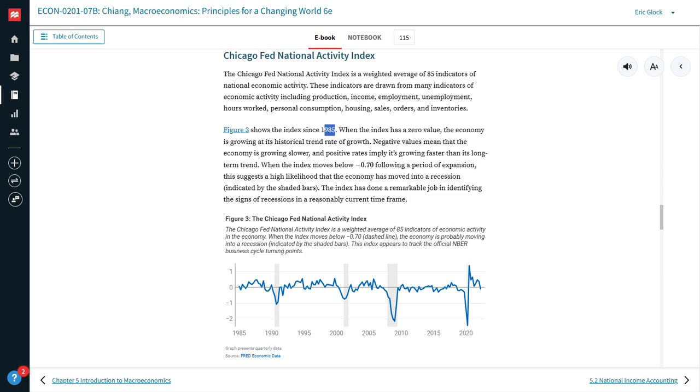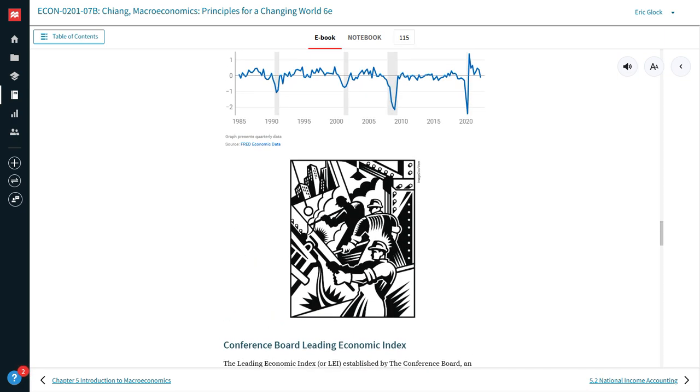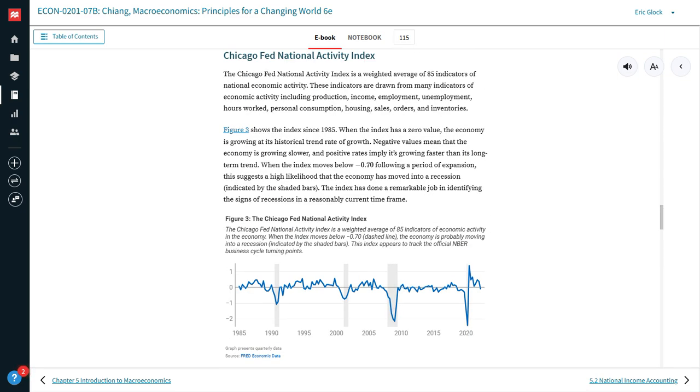Anyhow, it started in 1985, and they have 85 indicators. So 1985, 85 indicators. There's 85 different things that they're looking at. I think of all three of these, it's definitely by far the most multifaceted.